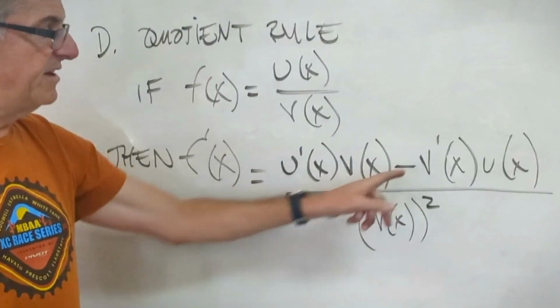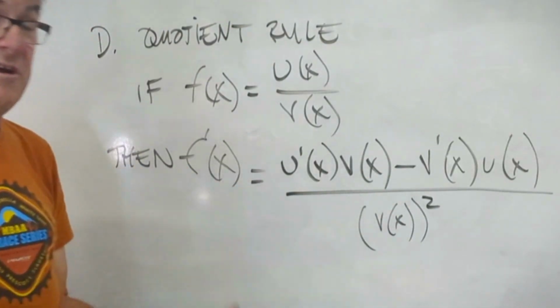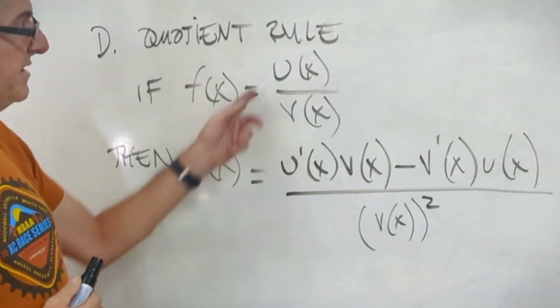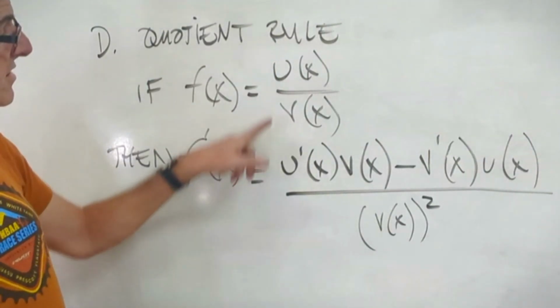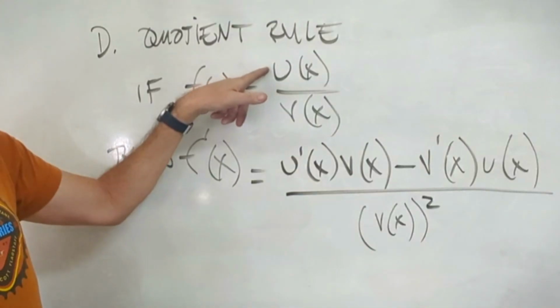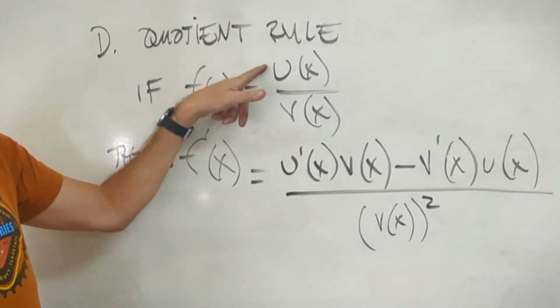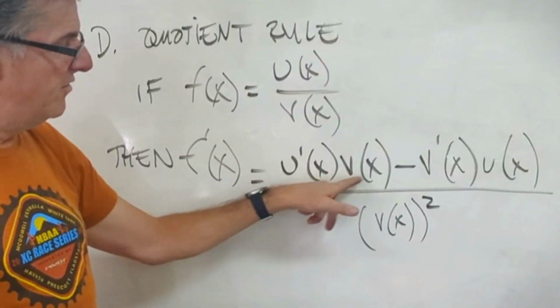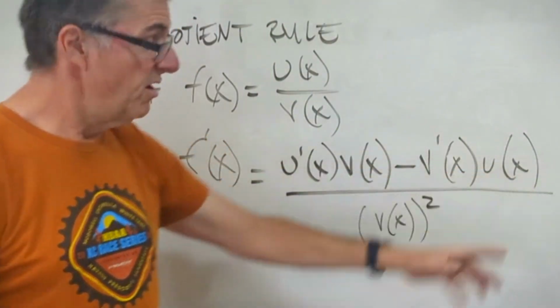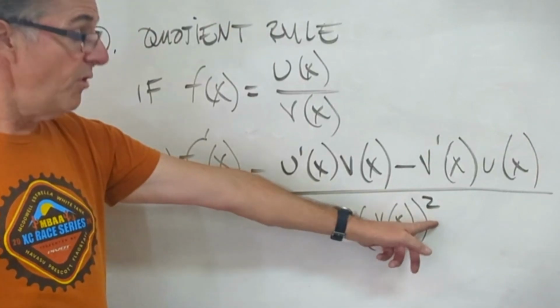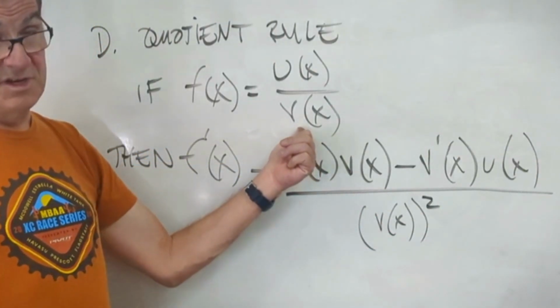And since this is minus, the order is important. With the product rule, if you mix up the order, no big deal because it's multiplication. But division is not the same, so you have to get it right. What I do is I start with my denominator, my numerator, and then I make that my derivative, and then I follow the pattern all the way over. Finally, it's all over the square of the denominator.